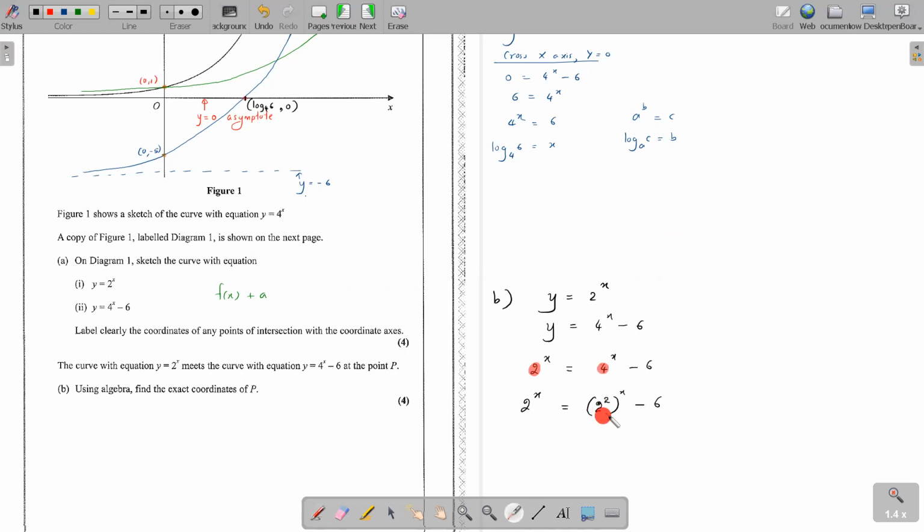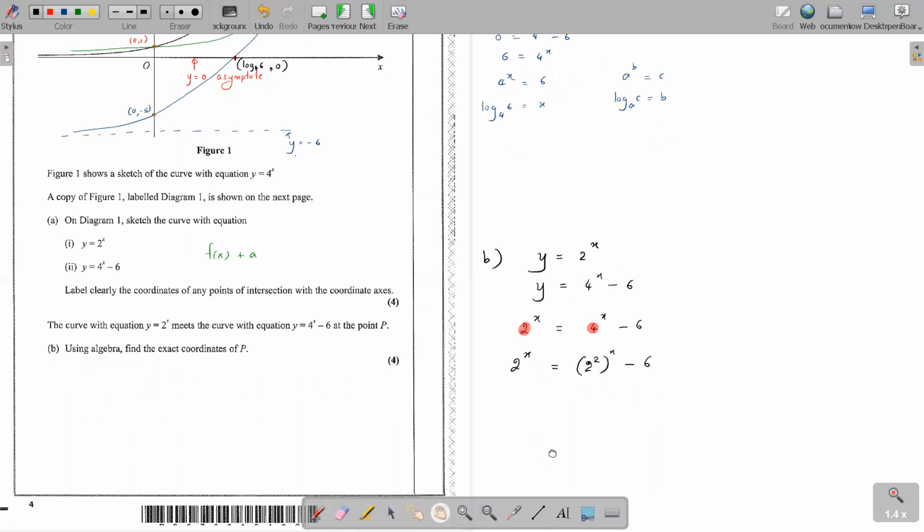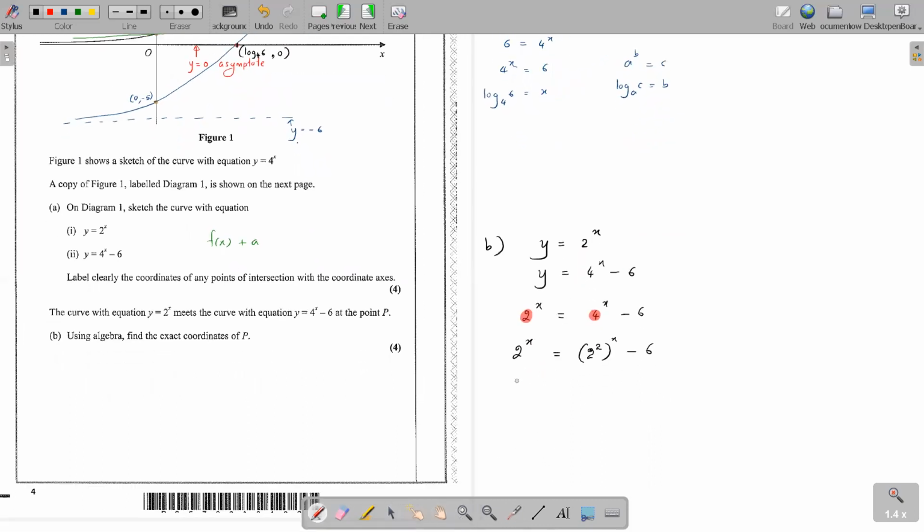Basically, 2 to the power 2 is 4, and you have the power x here. So this is 4 to the power x. So I end up getting 2 to the power x equals 2 to the power 2x minus 6. Taking everything to one side: 2 to the power 2x minus 2 to the power x minus 6.